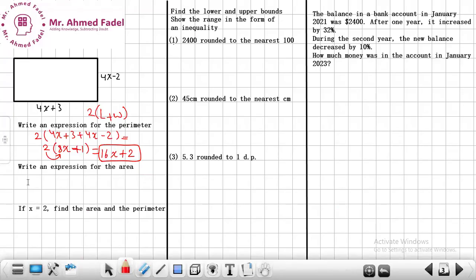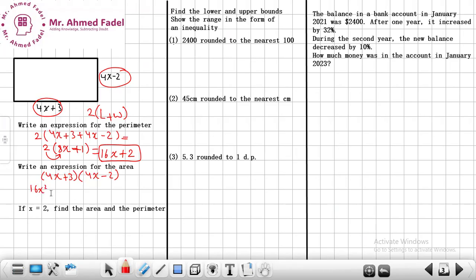But what about an expression for the area? For the area, I do the length times the width. So you've got there 4x plus 3 multiplied by 4x minus 2. Aha, this is expanding brackets. 4x times 4x is 16x squared, first by first.